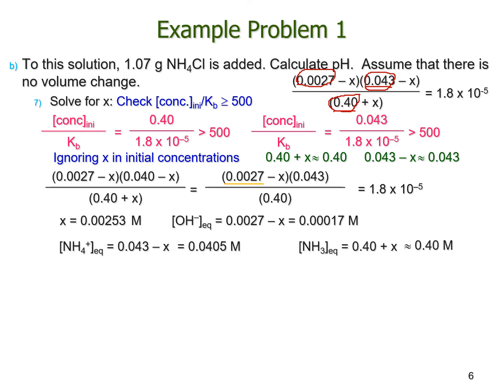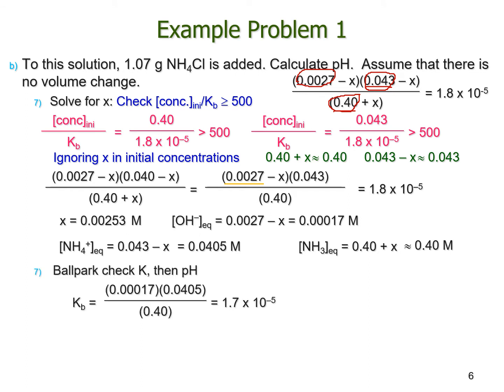And we carry out the rest of the calculation, so we got the equilibrium concentration of ammonia and that of ammonium. Let's do the ballpark check. We find out the new Kb here is 1.7 times 10 to the negative fifth. Remember, Kb is 1.8 times 10 to the negative fifth, so that's not much of a difference there. So that demonstrates our calculation so far is correct.